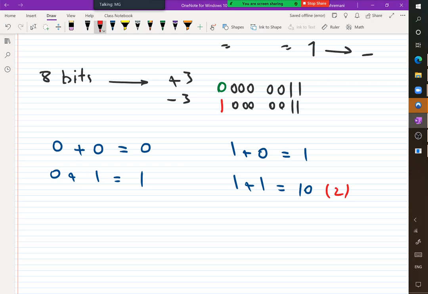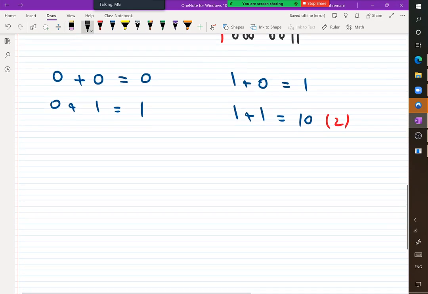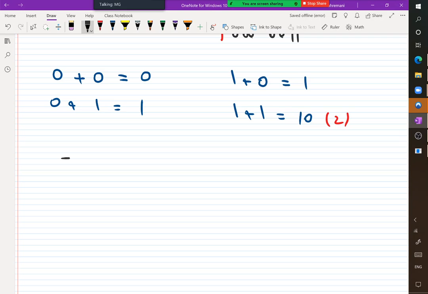Now I have a problem here. We know that in base 10, positive 3 plus negative 3 is equal to 0. Of course, we all know 3 plus minus 3 is equal to 0. But in the sign magnitude method, positive 3 was 0, 0, 0, 0, 0, 0, 1, 1, and negative 3 was 1, 0, 0, 0, 0, 0, 1, 1.